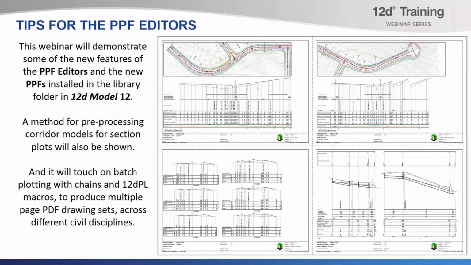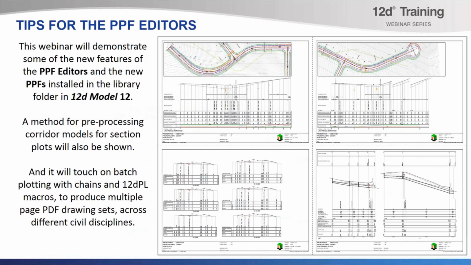I'm also going to be showing a method for pre-processing corridor model data. Anytime you're doing a section plot, whether it's a long section or a cross section or a drainage or sewer long section, you generally need to show a whole lot of crossing service information or anything that crosses the primary section. Things like property boundaries and crossing strings and other things like that.